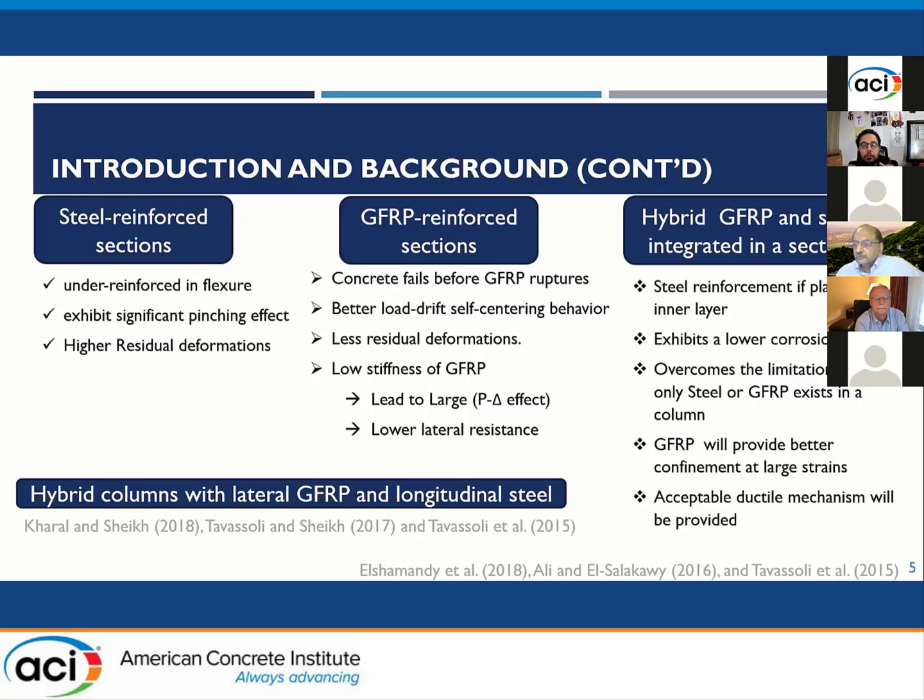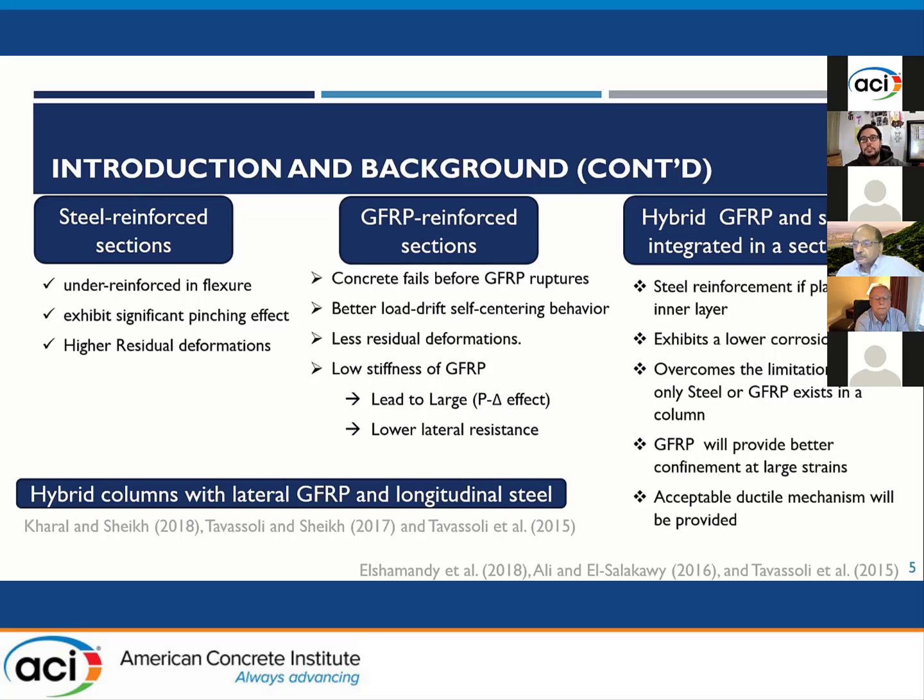It should show a better hysteresis curve, directed to the origin because of the linear elastic properties of the GFRP, and lower residual deformations. We also know about the low stiffness, the higher P-delta effect, and the lower lateral resistance, especially at the earlier stages of the loading phase.